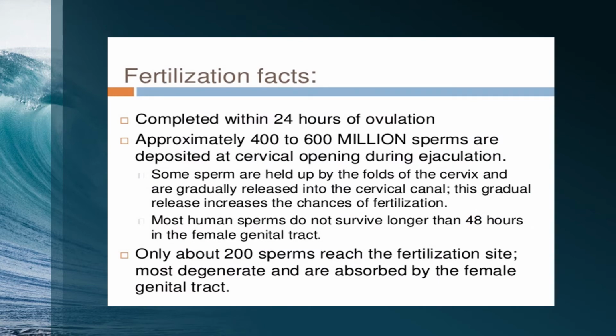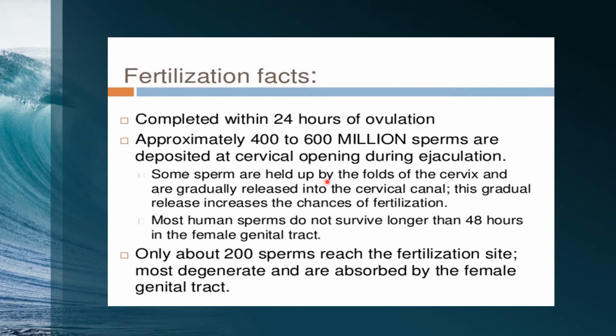So after the fertilization, there are certain facts about it: it is completed within 24 hours after ovulation, and after 24 hours, the oocyte cannot be fertilized and it degenerates.